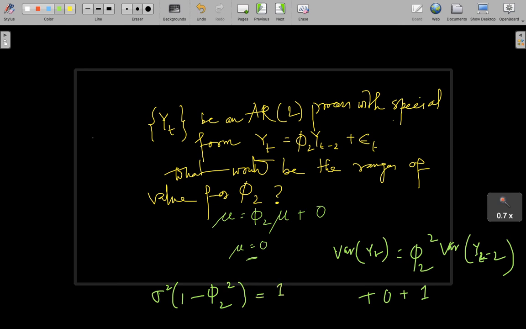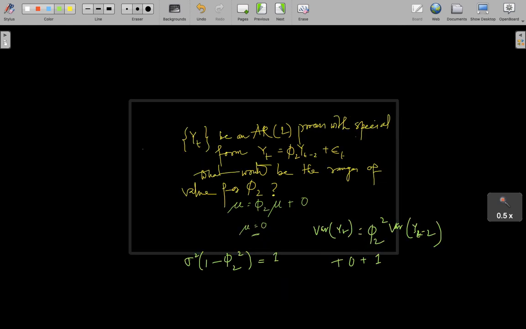Okay, so now let's use a different color. So then I have sigma square equal to 1 over (1 minus phi 2 square), right?